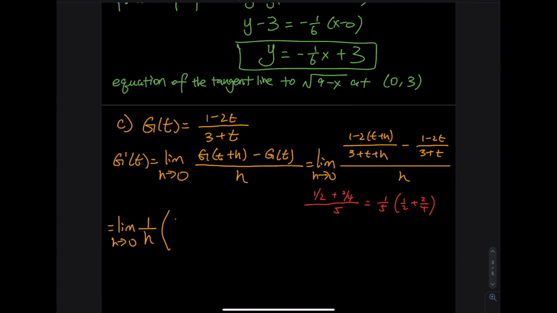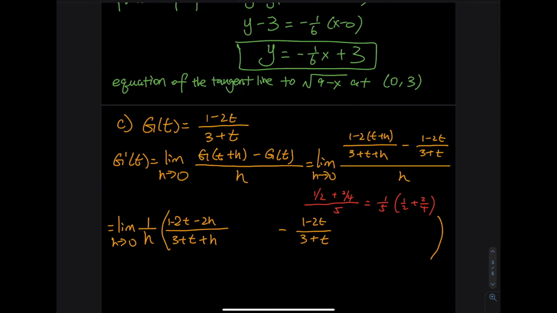And then you have 1 minus 2t, and then minus 2h, divided by 3 plus t plus h, and then minus 1 minus 2t over 3 plus t. We need to do something for that. What are we trying to do? We are trying to get a common denominator.